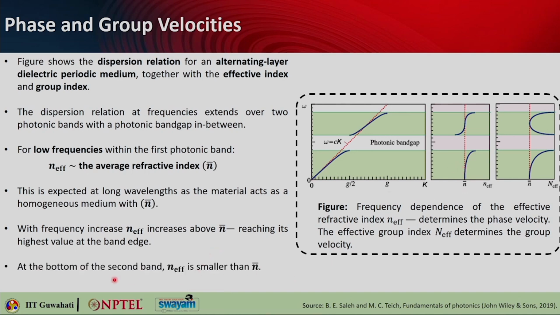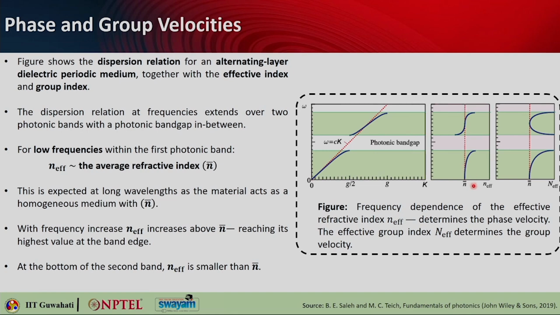And at the bottom of the second band, that is here, you will see that the N effective is much smaller than the mean refractive index.